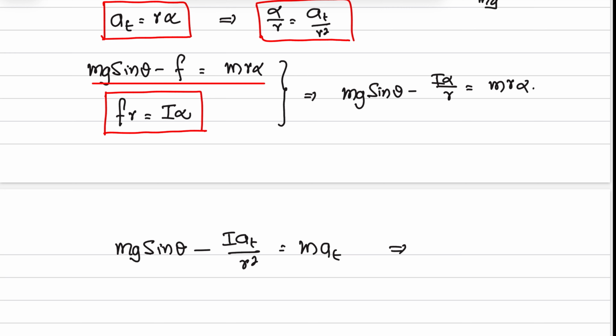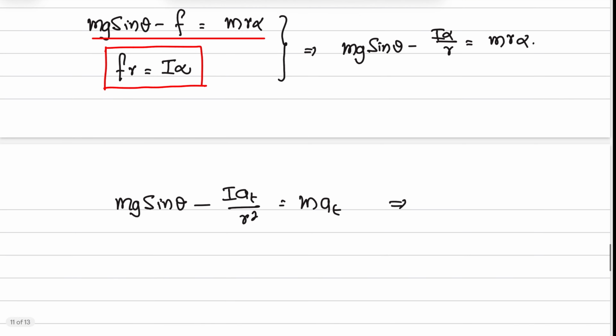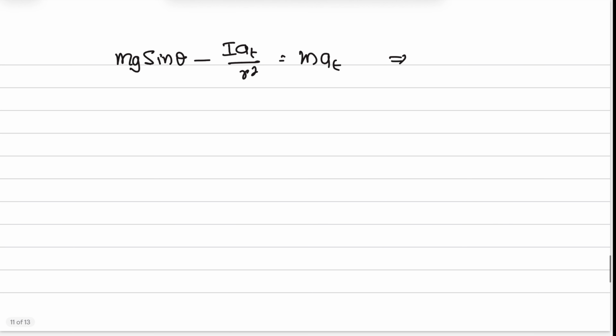That means, what is the value of I? 2 by 5 mr square. Let us convert everything into m. Mg sin theta minus 2 by 5 mr square into At whole divided by R square is equal to m into At.